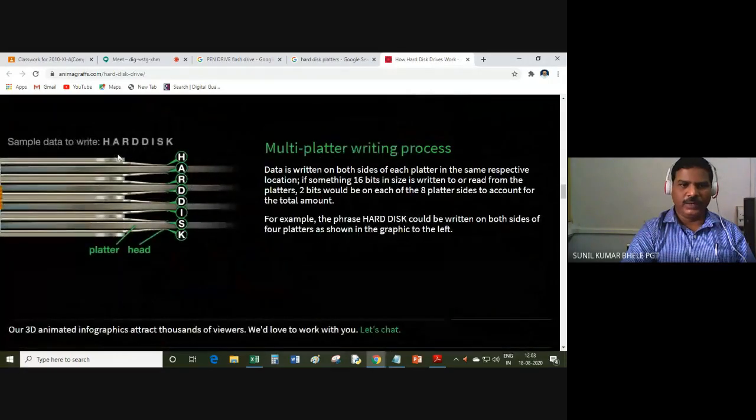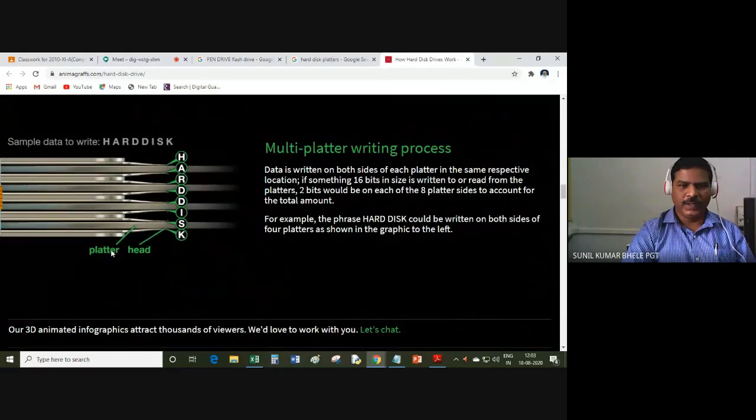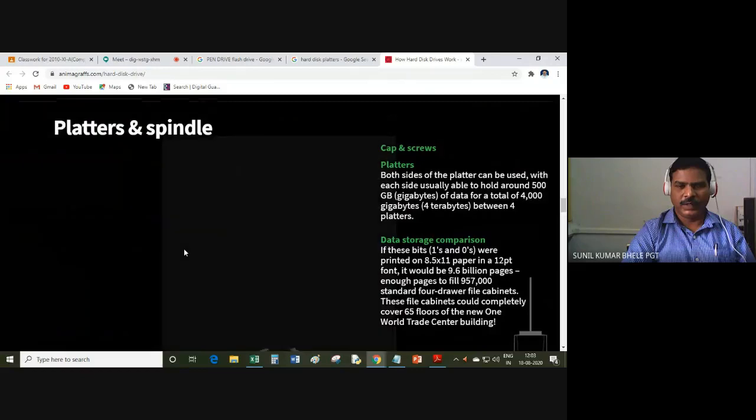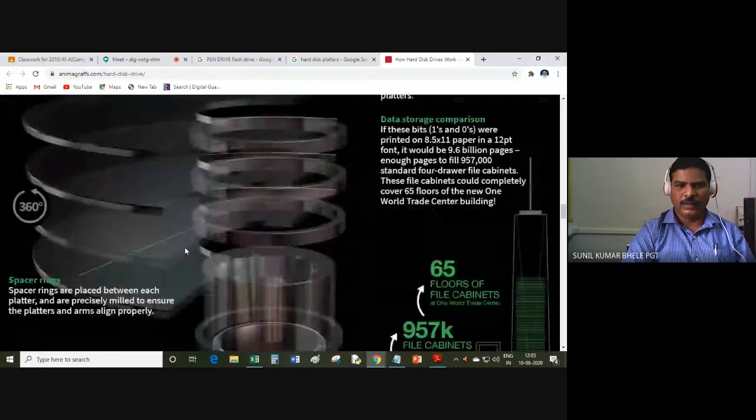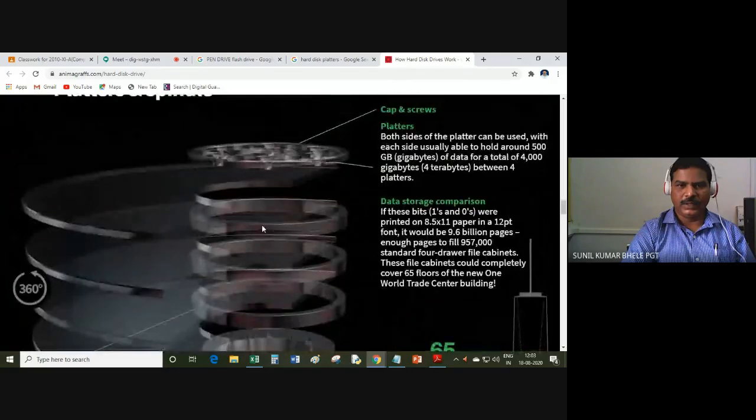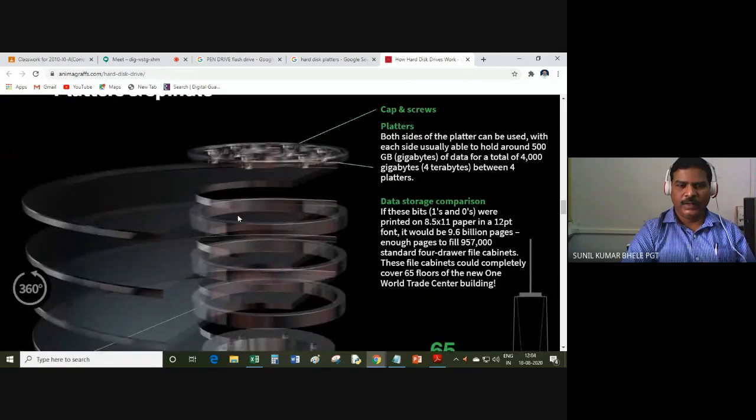And sample data to write, you can see the platter of the disk. And this revolves like this. So this hard disk revolves at a very high speed. 500 gigabytes of data you can store in this hard disk.